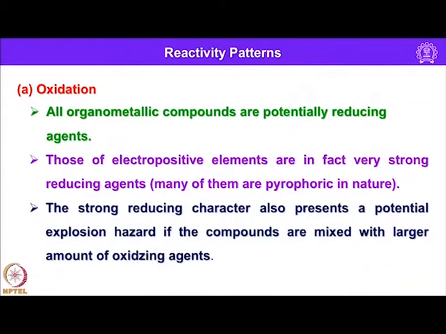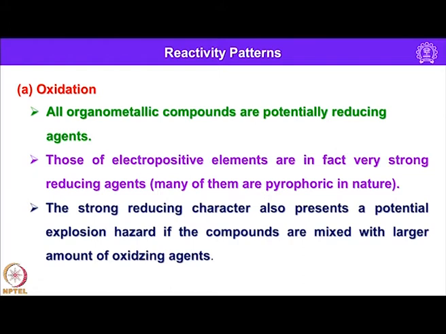The reactions of organometallic compounds of electropositive elements are essentially dominated by factors such as the carbanion character of the organic moiety and the availability of a coordination site on the central metal atom. So, carbanions present on most electropositive metals are essentially very reactive reagents. So, let us look into these reactivity patterns by considering oxidation first. All organometallic compounds are potentially reducing agents.